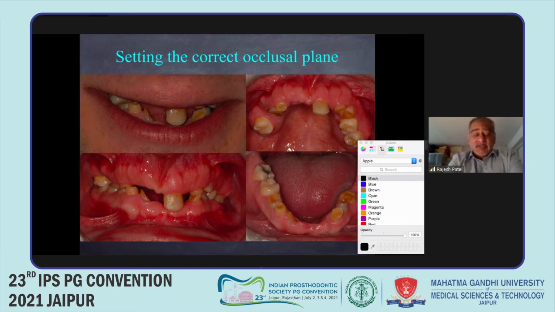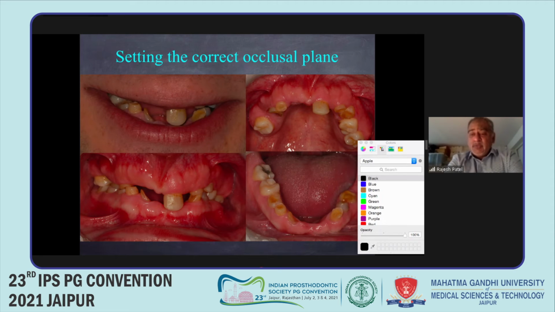So we sell to our customers, but actually it's just traditional prosthodontics. And setting the correct occlusal plane for patients like this does divide the top and bottom jaws, but it allows you to set it, and you've got to think about it like an upper denture.